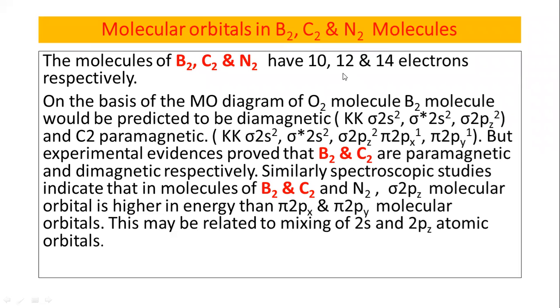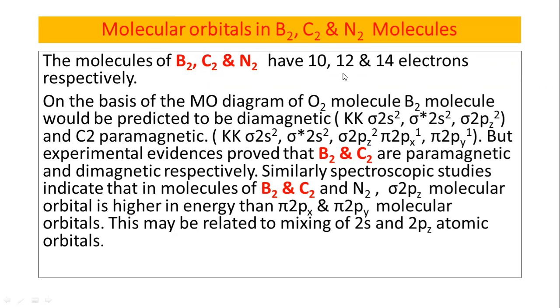Now, in the case of boron, carbon and nitrogen molecules, as the atomic number of boron is 5, carbon is 6 and nitrogen is 7, they have a total of 10, 12 and 14 electrons respectively. It means boron has 10 electrons, carbon has 12 electrons and nitrogen has 14 electrons.